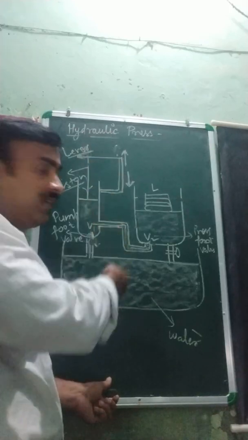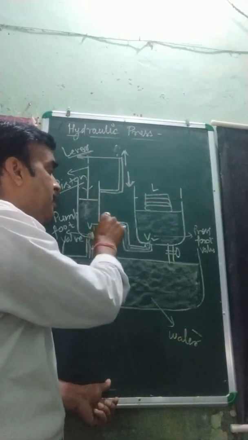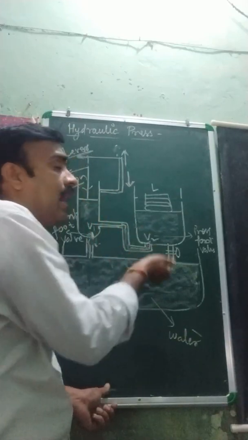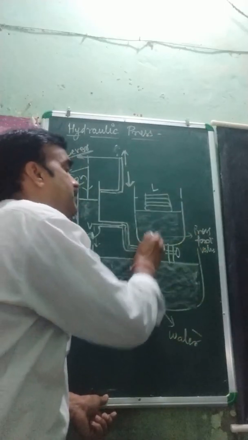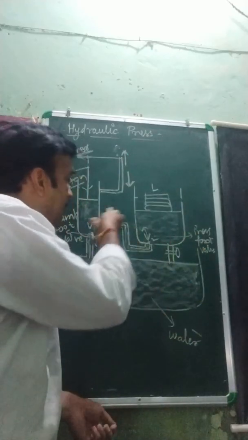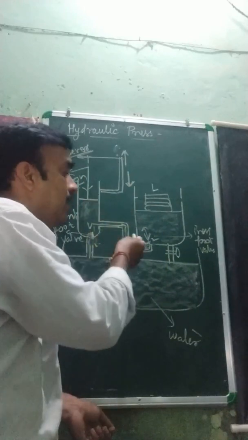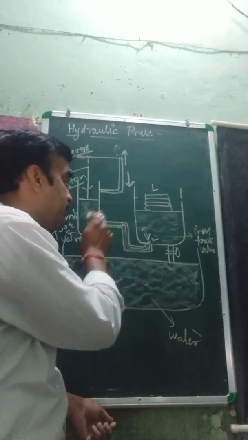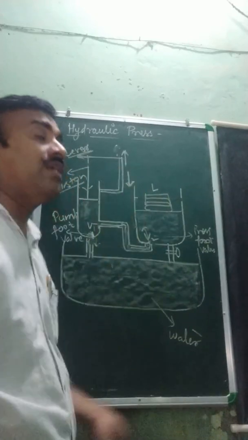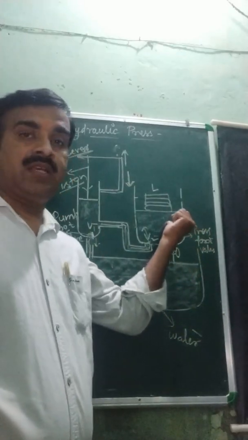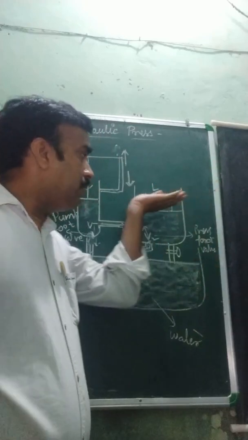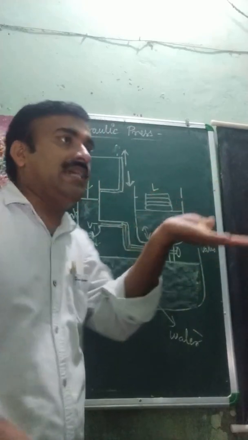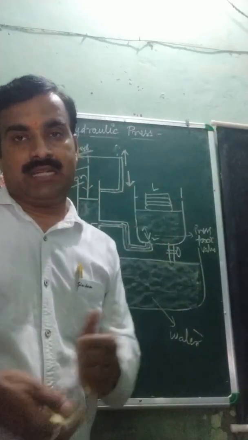We are applying the pressure on this part, so the entire pressure will transfer here and move here, and this valve V2 will move in upward direction. The amount of liquid kept here, or the amount of pressure present over here, is transferred here on the larger side, and immediately the load kept on this side will be lifted in upward direction.